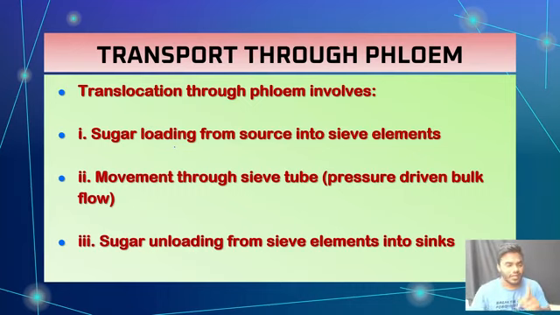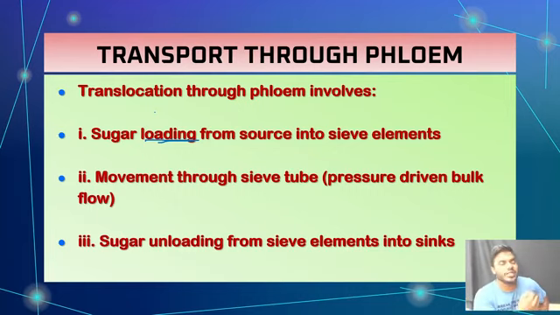Everyone listen to me. The first step, sugar loading. Just imagine house shifting. First we will load all our goods onto the lorry. First step is what? Loading all our goods onto the lorry. Second step, the lorry will transport from our old house to the new house. So the second step is transport. What will be the third step?